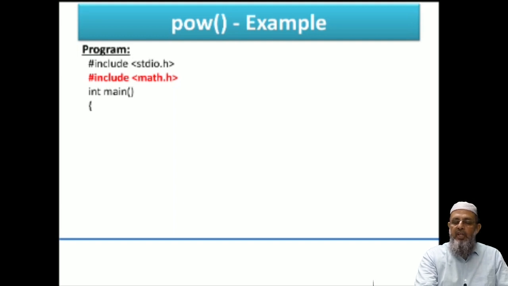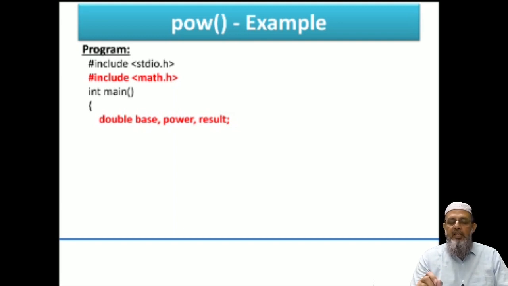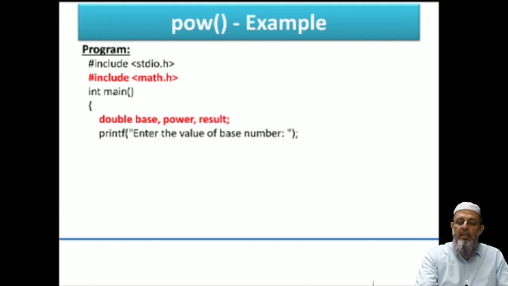Our main function starts here. We have declared three variables: base, power and result. The base is a value which will be input, power is a value which will be input, and the computed value will be stored in the result.